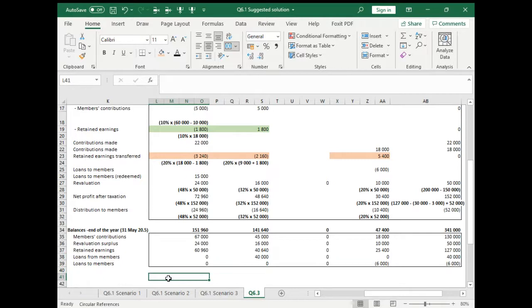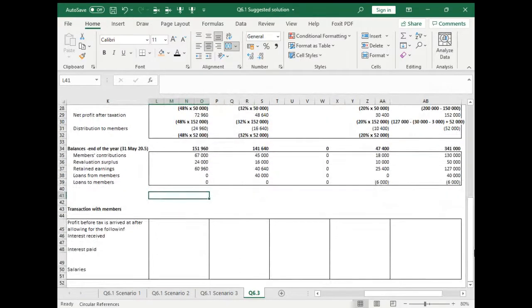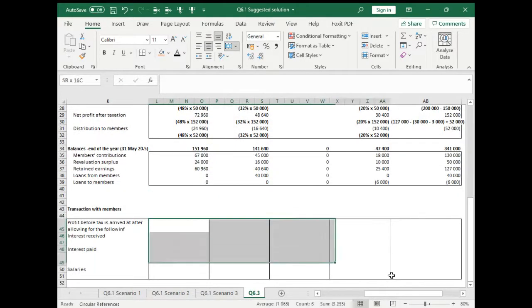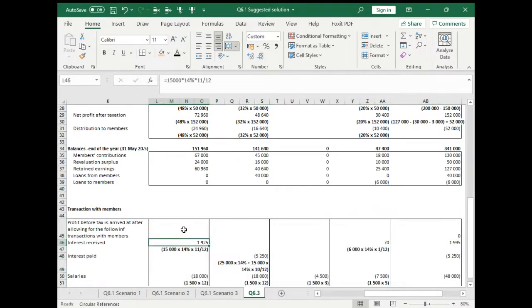So all I want you to do for part 2, let me just quickly show you what you would have had to do for that one. You would take the profit before tax, which would be after the following transaction. So you would have to account for the interest.